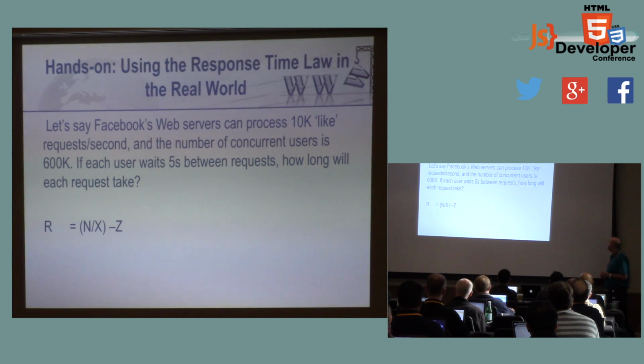So what's N? N is the number of users, so it's 600,000 in this example, right? So what's Z? Right, it's 5,000 milliseconds, 5 seconds, right? So we know what X, the throughput, is. It's 10K requests per second. We're not even doing algebra here, guys. This is just arithmetic.